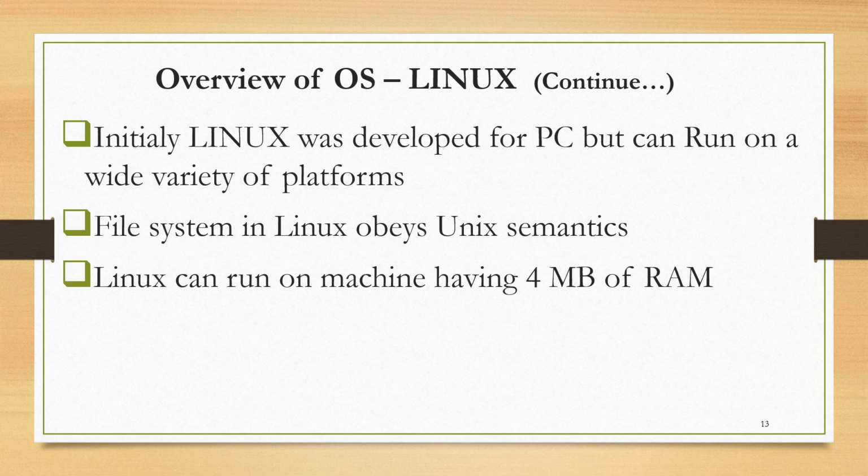Initially, Linux was developed for PC, but runs on a wide variety of platforms. The file system in Linux obeys Unix semantics. Unix has its own semantics, and the same file systems are used in Linux also. Linux can run on machines having a minimum of 4 MB RAM.